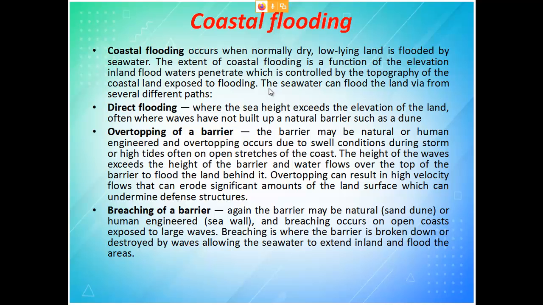Then breaching, again the barrier may be natural or human built. Breaching occurs on open coasts exposed to large waves, where the barrier is broken down and destroyed. So in over-topping, the water crosses over the barrier and tries to flood, whereas in breaching it breaks the barrier itself and enters.